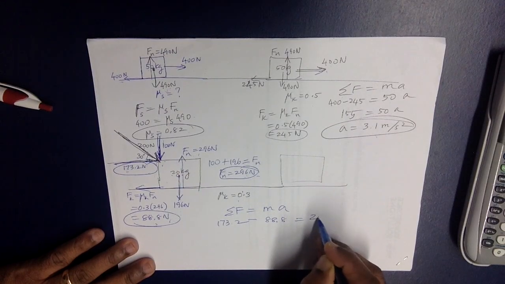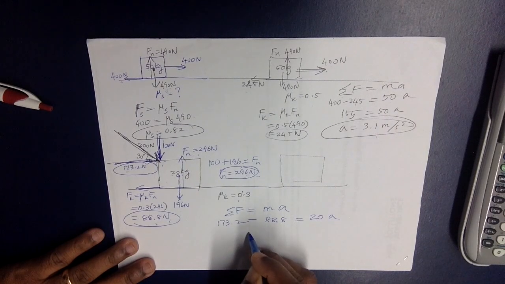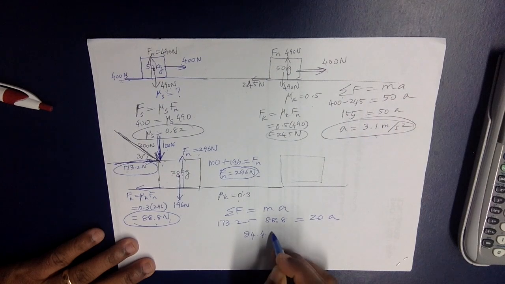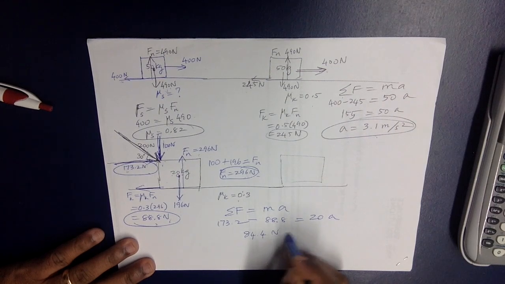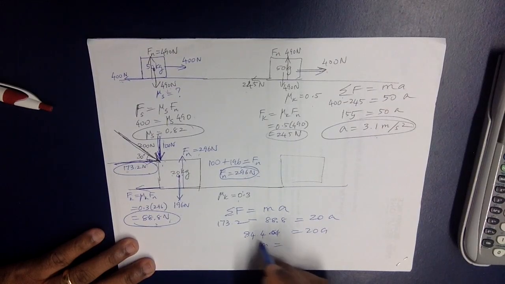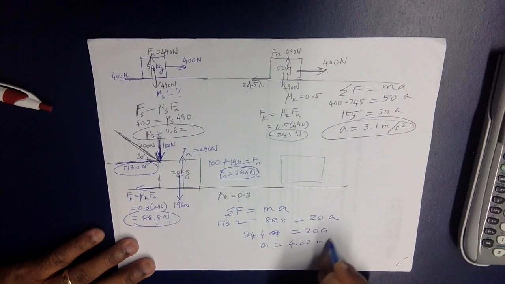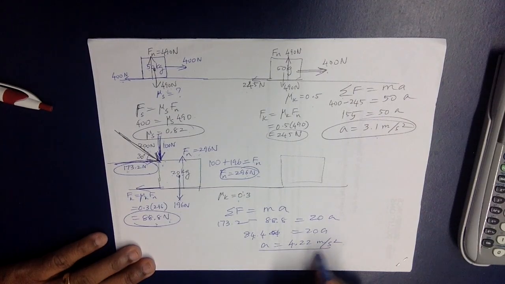That's equal to mass 20 times A. Now this is 84.4 newtons. So 84.4 is equal to 20A. So A will be 84.4 divided by 20. So that will be 4.22 meters per second squared. Okay, so this is how we calculate the acceleration.